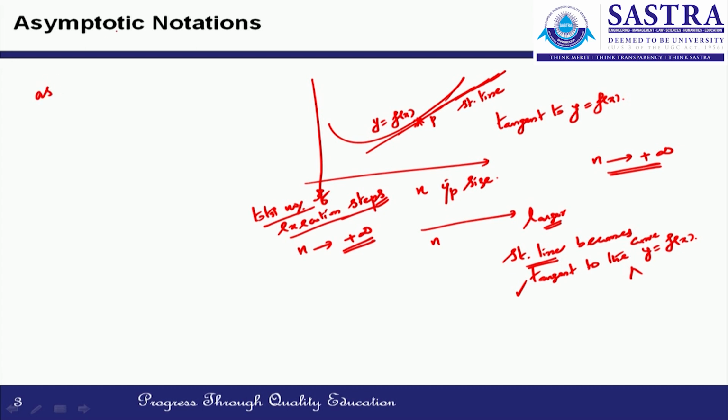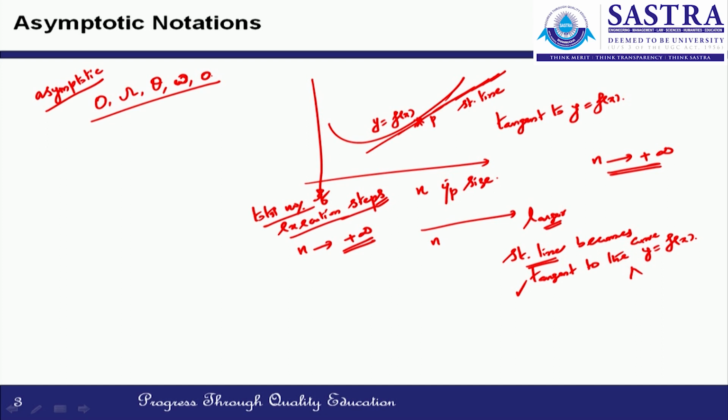We need the asymptotic representation, using big O, big omega, theta, small o, and small omega. These are the asymptotic representations or asymptotic notations.